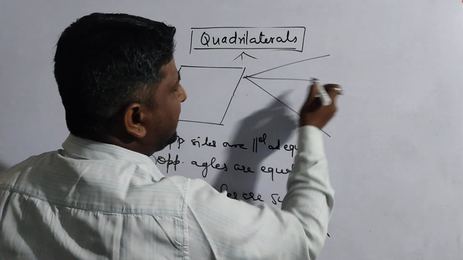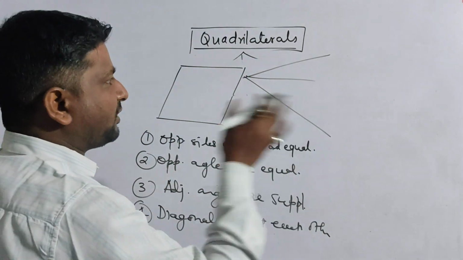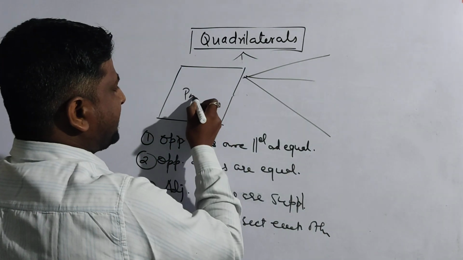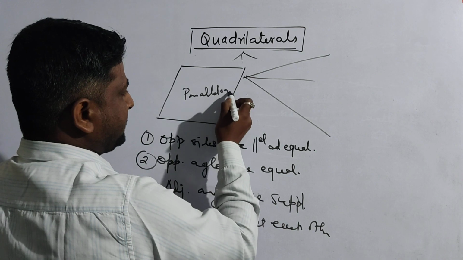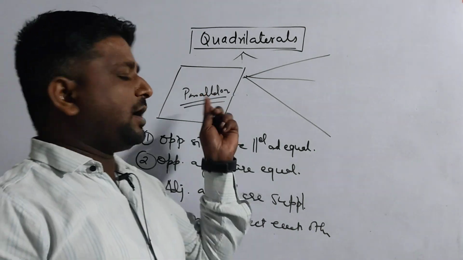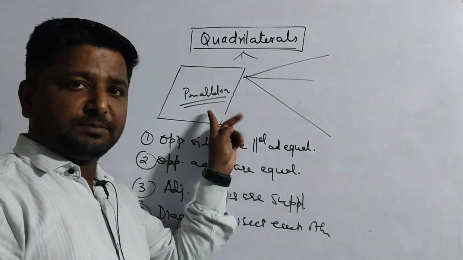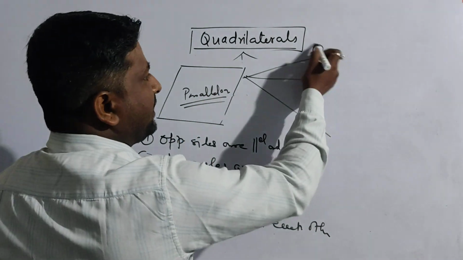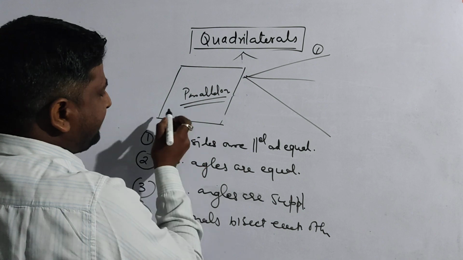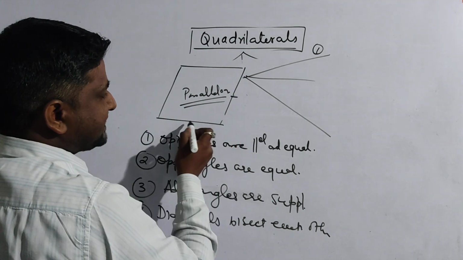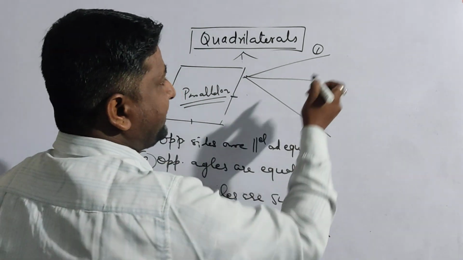Now from a parallelogram we can have three more types of quadrilaterals. Okay, this one is a parallelogram. How many types of quadrilaterals can we have from the parallelogram? Three types. The first one: if you have a parallelogram and you make adjacent sides of it equal, then that becomes a rhombus.